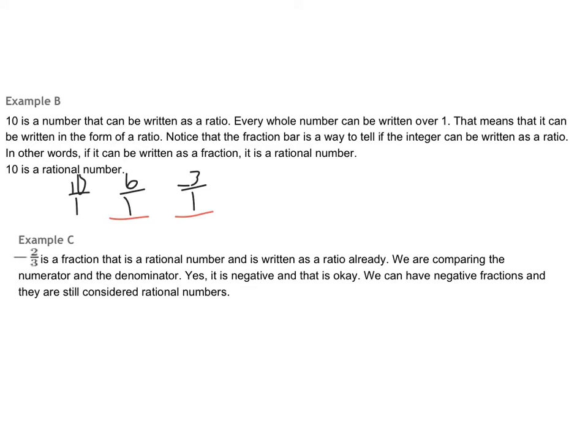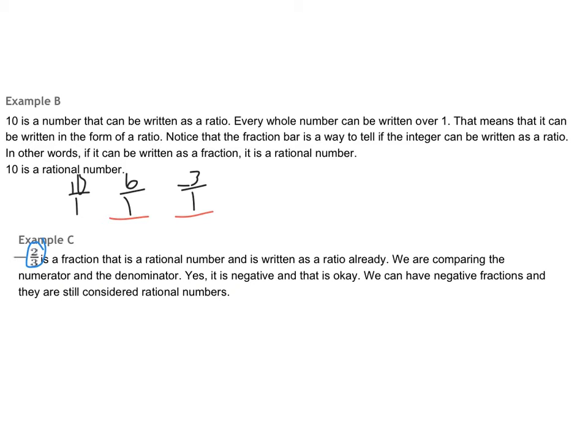So what happens if we're given a fraction to begin with? Well, let's talk about 2/3. Okay, so 2/3 is a fraction that is a rational number and is written as a ratio already. We are comparing the numerator to the denominator. In this case, it's negative 2/3, and that's okay. We can have negative fractions and they are still considered rational numbers.